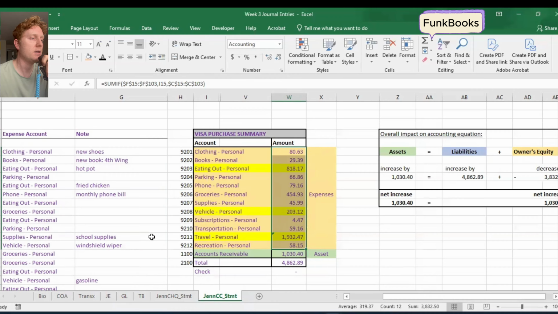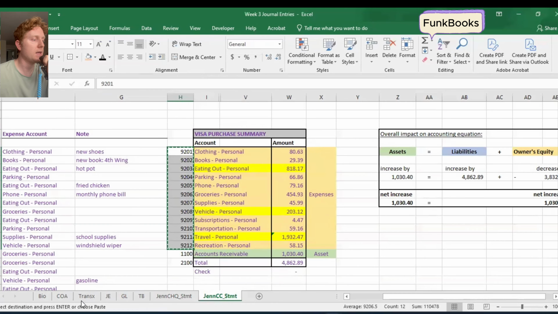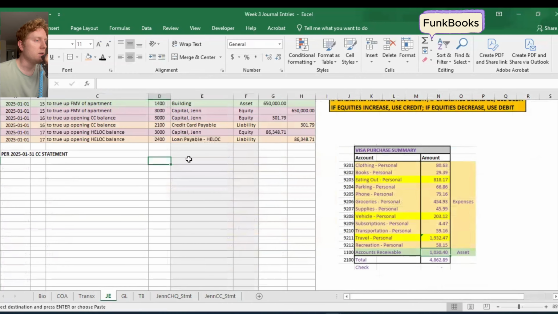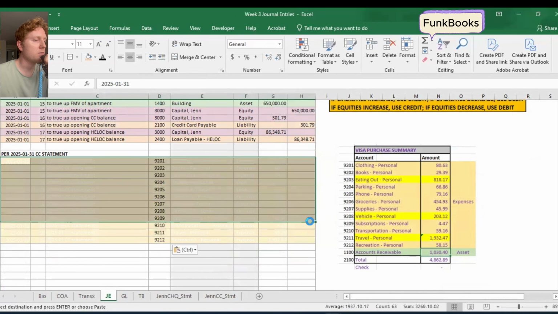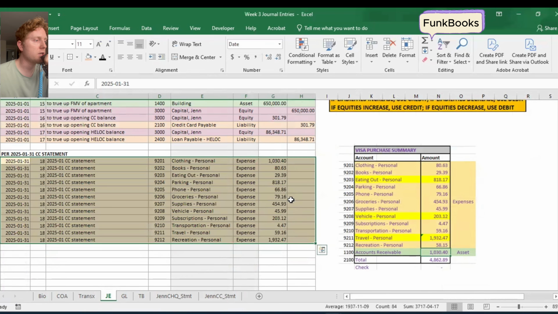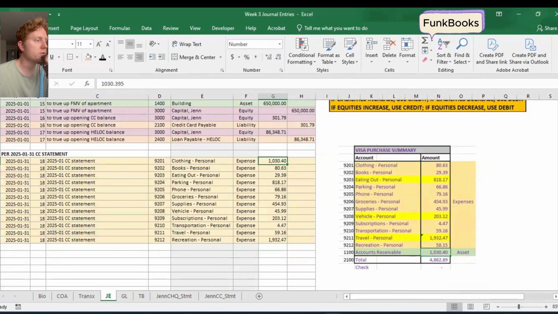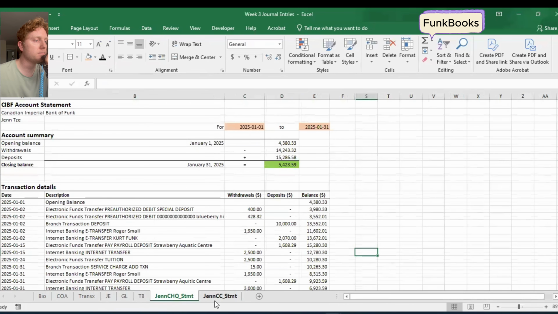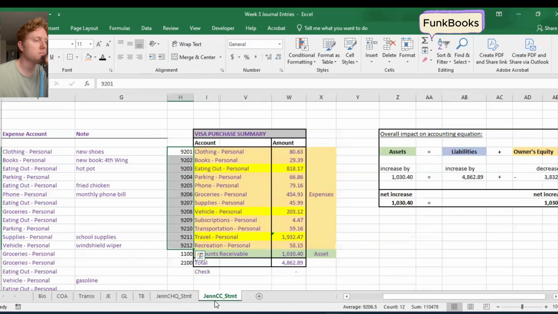So let's go ahead. I should just be able to copy this and see if I can copy that into the account here. Let me try revealing all of this and let's do a check. I think the first one should be the accounts receivable, actually.